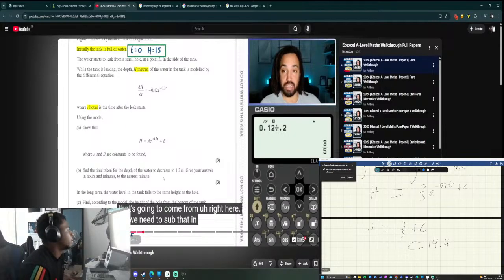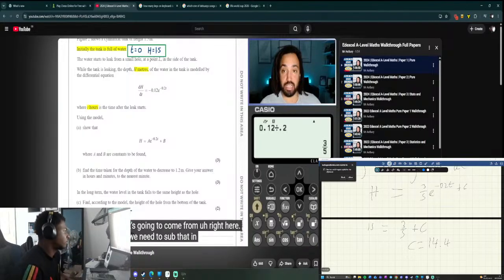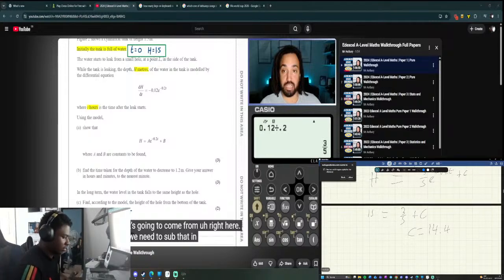Find the time taken for the depth of the water to decrease to 1.2 meters. The time taken for the water to decrease to 1.2 meters. So that means h equals 1.2.